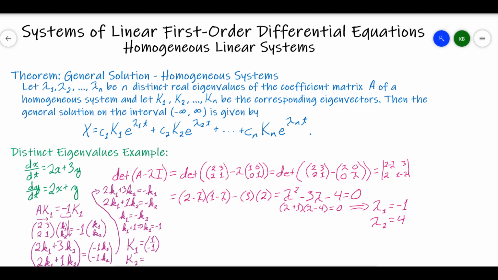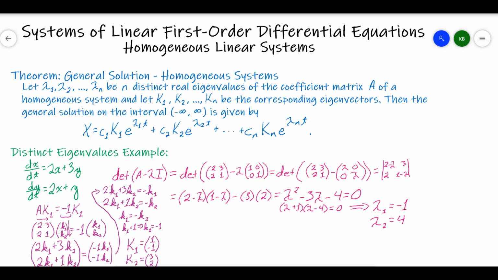I'm going to save us some time by not going through those steps here, but I'll tell you that what you'll end up with is K1 in this case is going to be 3/2 of K2. This is a time where choosing 1 is maybe not as nice because it doesn't end up with whole numbers. We end up with that fraction of 3/2. If instead I choose 2 as K2, then I end up with 3 as K1. So I'm going to do that so I get whole numbers.